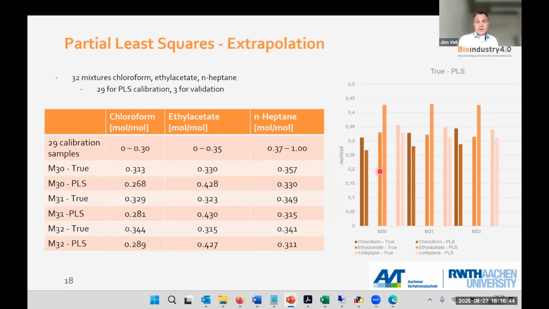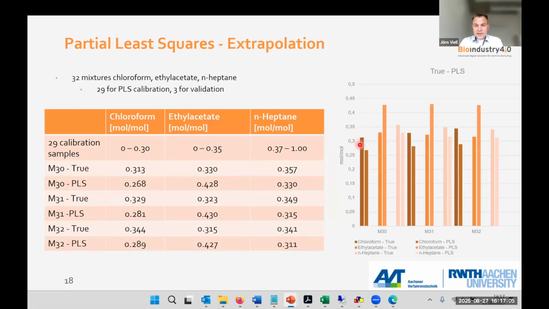In the beginning, I showed you the calibration strategy, and if you calibrate within a certain range and you go outside with data-driven models, you're basically on your own, and that exactly is shown here in that graph.